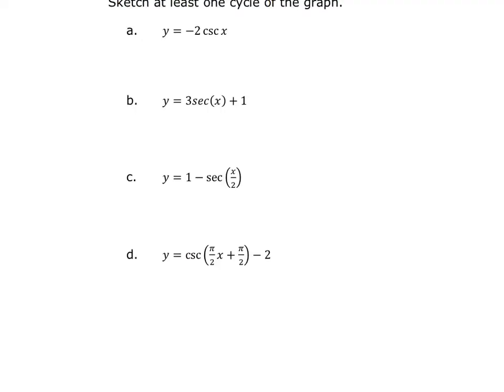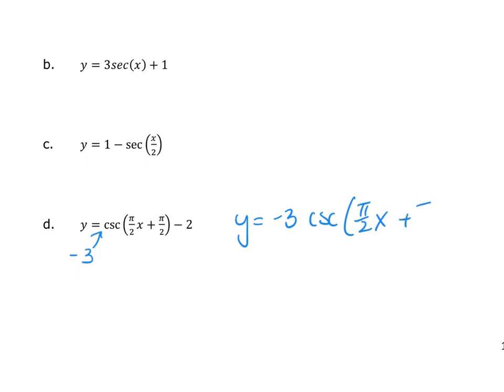Let's do D, but let's make D more interesting. We've got to make this more interesting. So on D, let's throw in something, say, -3. So let's write this as y equals -3 cosecant of pi over 2 x plus pi over 2, minus 2.